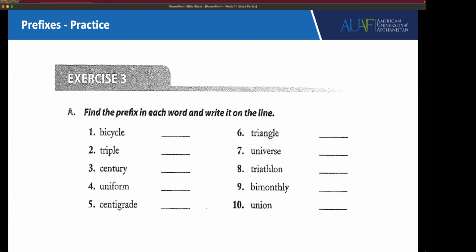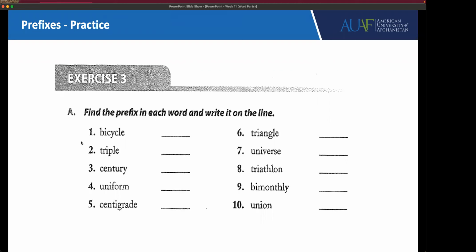Number 2 is triple, TRI, tri is the prefix. And number 3, century, the CEN, cen is the prefix. Uniform, UNI, uni is the prefix. And centigrade, the centi is the prefix. No, CEN, only CEN. Okay, CEN.